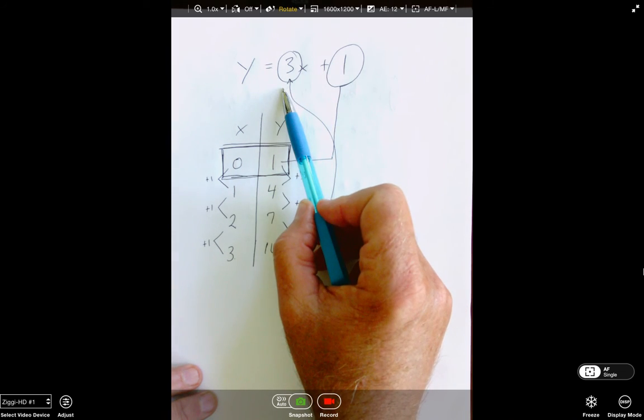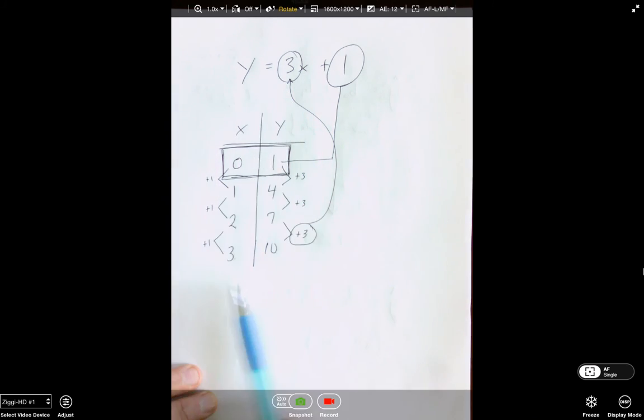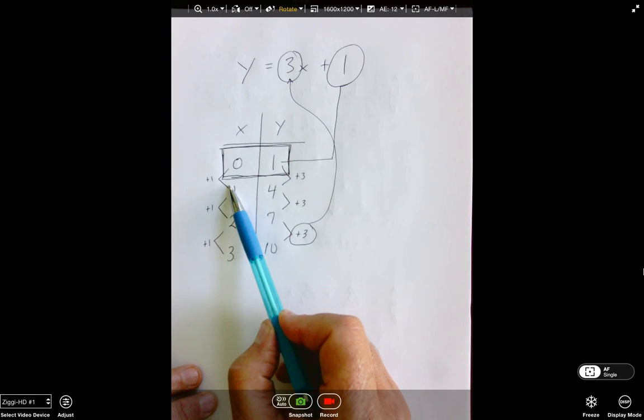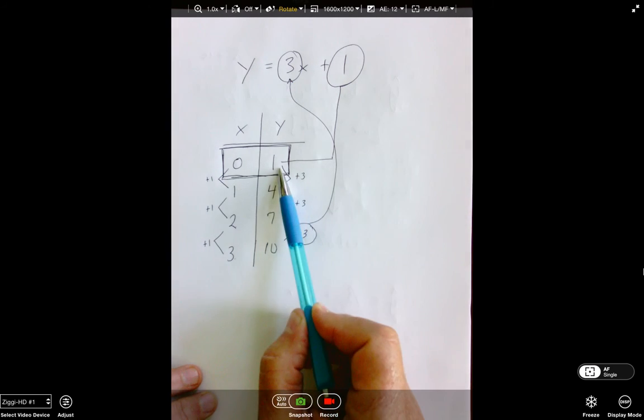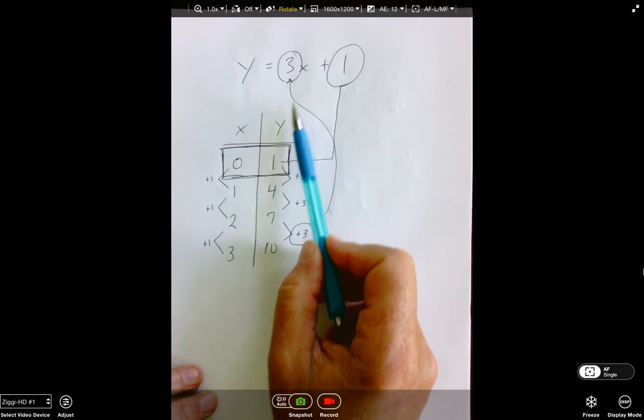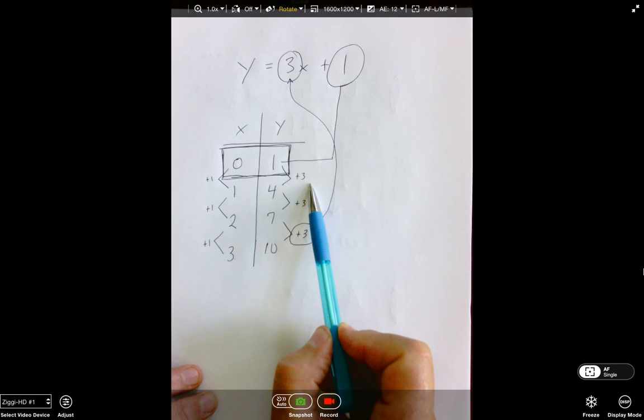But what's the definition of a slope? Well, if you were taught well, it's right here. As x increases 1 unit, the y value increases the value of the slope. In this case, it's 3.